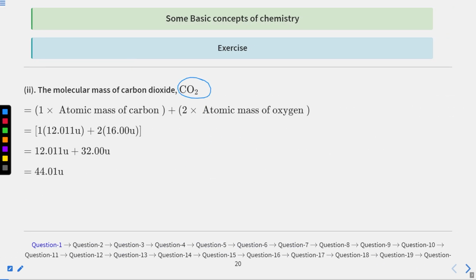Next, for carbon dioxide, we have one carbon. So again here it will be molar mass, so that would give us gram, gram, gram. The answer would come in gram.